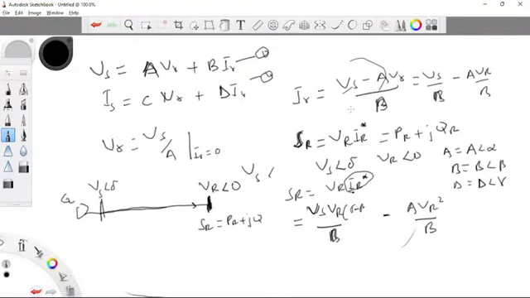Since you are doing IR conjugate, all the angles reverse. So you get VS VR over B angle beta minus delta, minus A VR squared over B angle beta minus alpha.